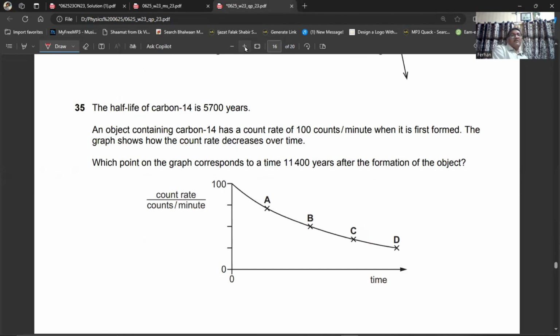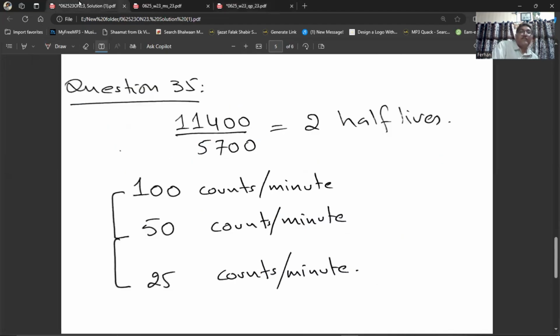An object containing carbon-14 has a count rate of 100 counts per minute when it is first formed. The graph shows how the count rate decreases over time. Which point on the graph corresponds to a time of 11,400 years after the formation of the object?